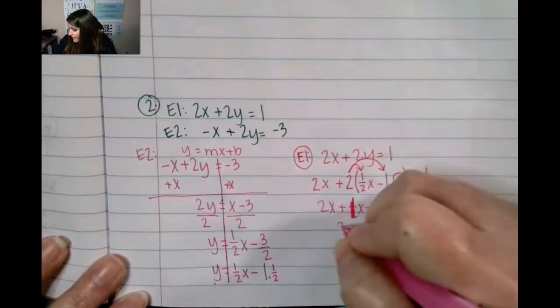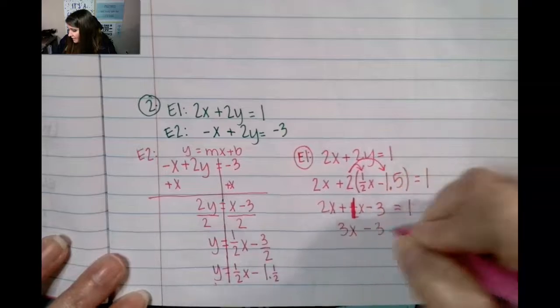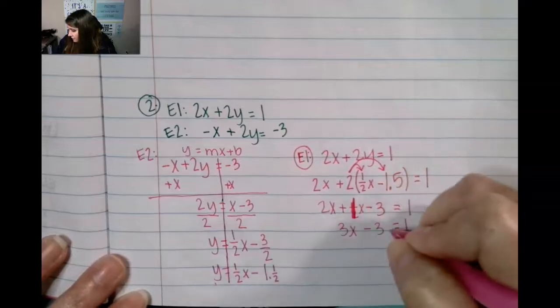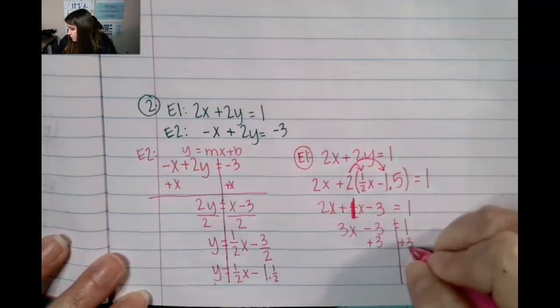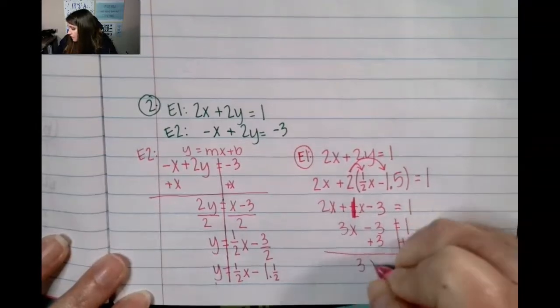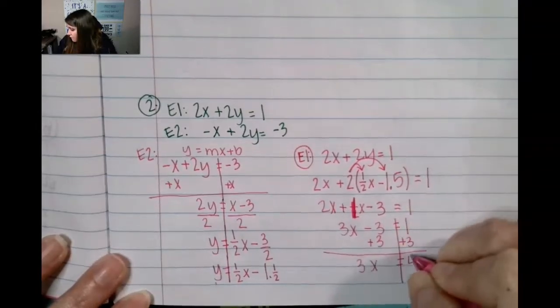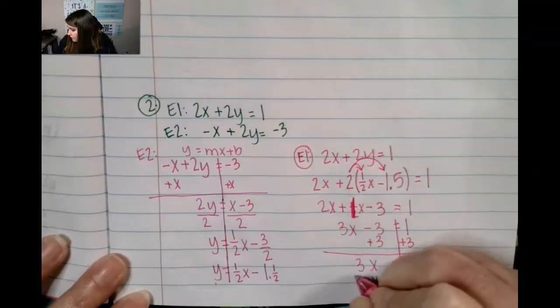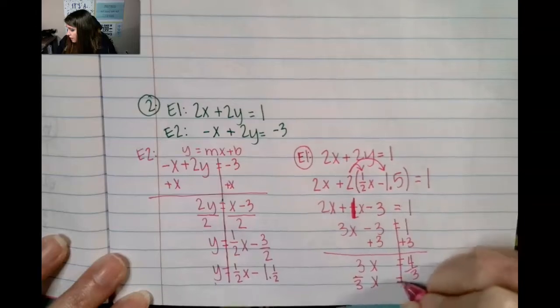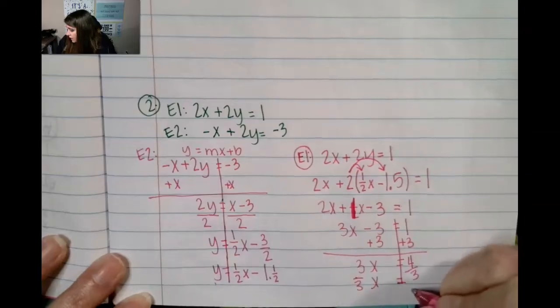Okay, so we get 3x minus 3 equals 1. Still solving. Plus 3 plus 3. 3x equals 4, or x, divide by 3. x equals 4 over 3.